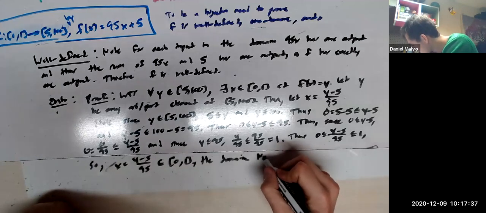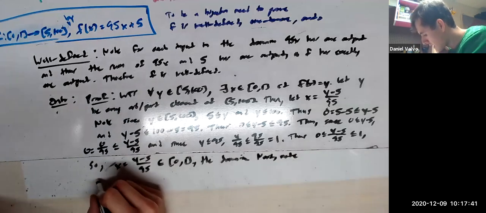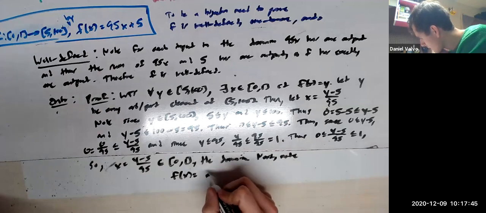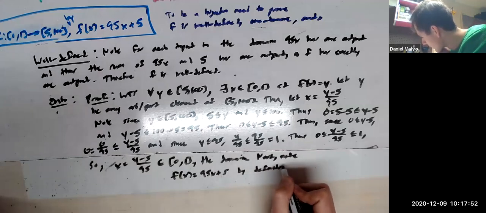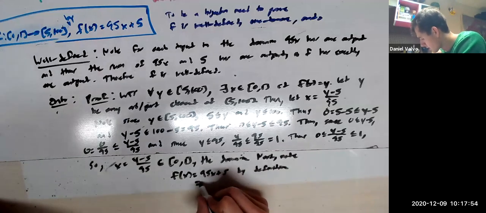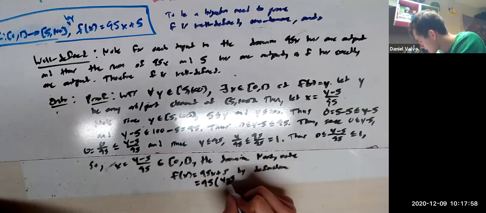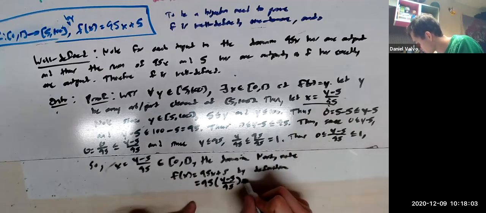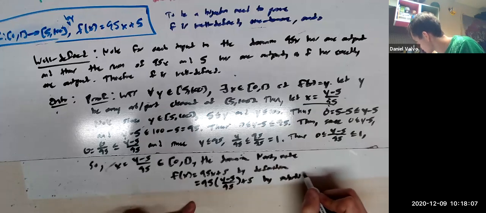Next, note that f of x will equal 95x plus 5 by definition, which will then equal 95 times y minus 5 over 95, because that's what we said x equals, plus 5 by substitution.